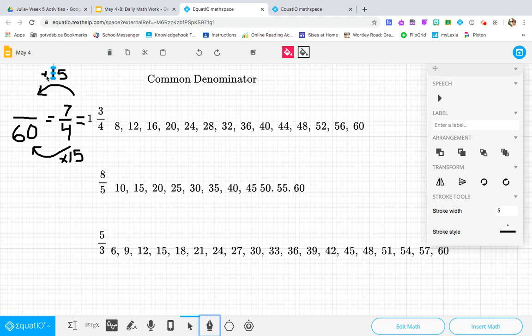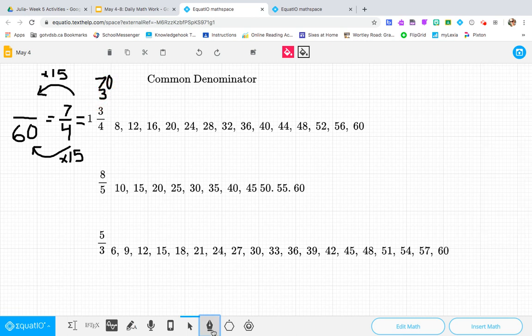Now, 7 times 15 isn't part of our times table, so if I was doing this in my head, I would do 7 times 10, which is 70. I'll sketch it out over here. Plus 7 times 5, which is 35. And that's going to help me solve 7 times 15, which is those two added together, 105.